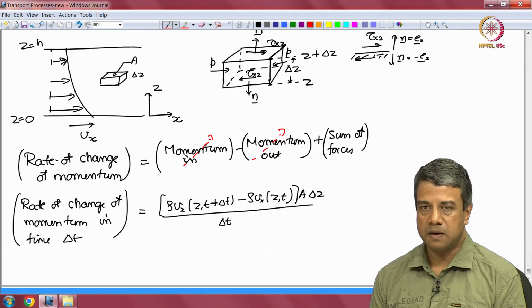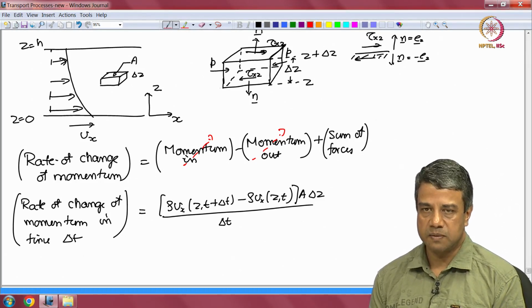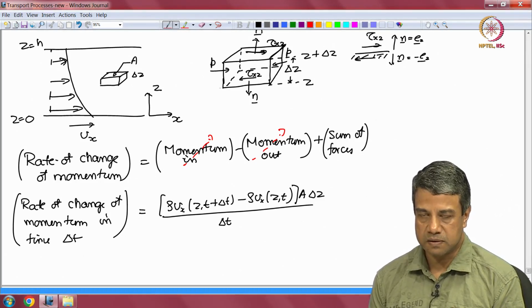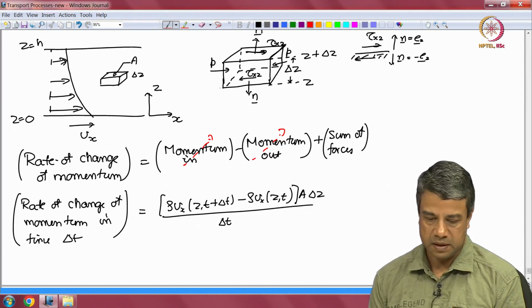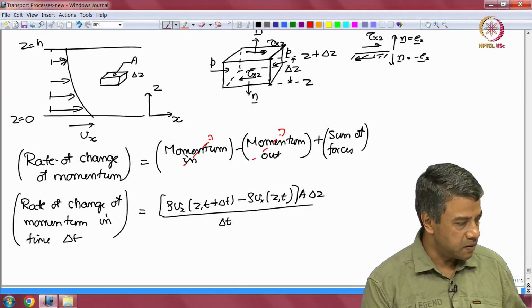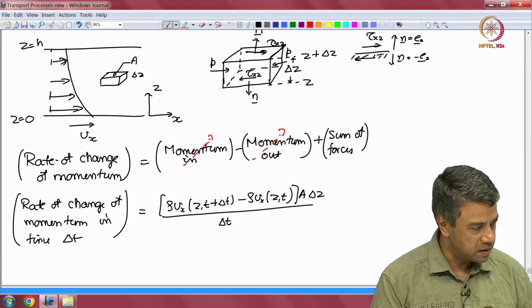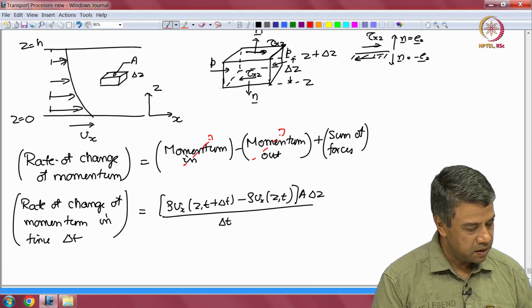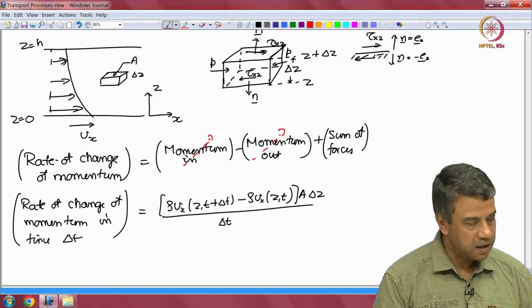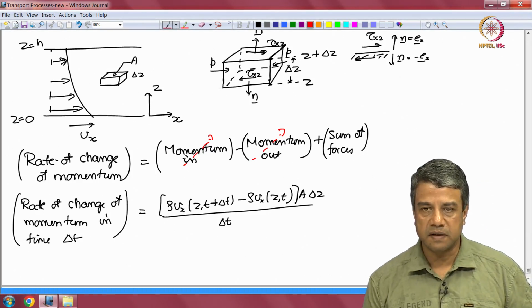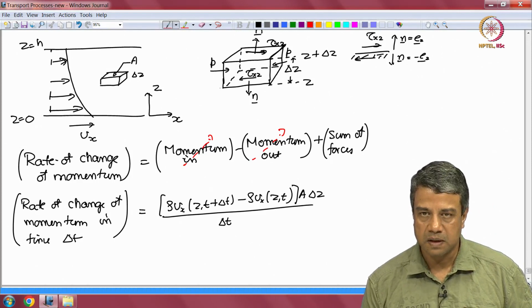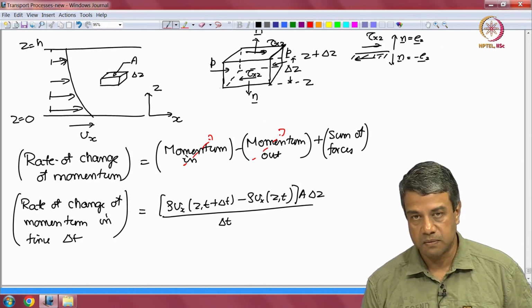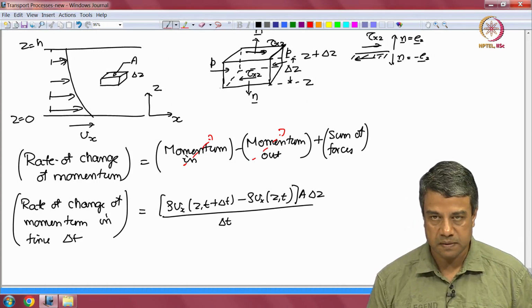The two act in opposite directions, and the sum of forces due to this pressure is equal to 0. So, this pressure term can be neglected in this balance. I should note that this is specific to unidirectional flow in which there is no pressure gradient. If there were a pressure gradient, the pressure on the left and right sides would not be equal. That we will examine separately when we look at pressure driven flows.